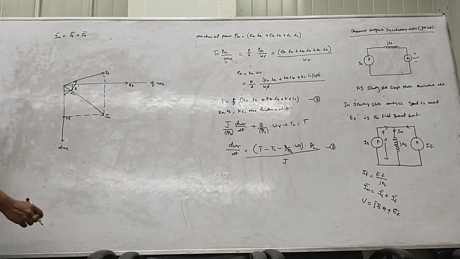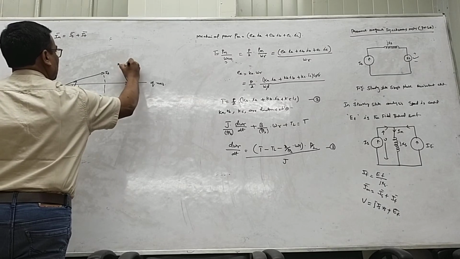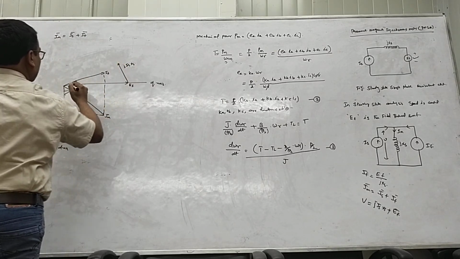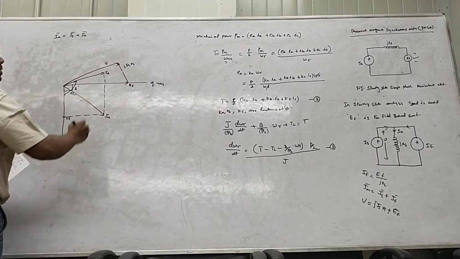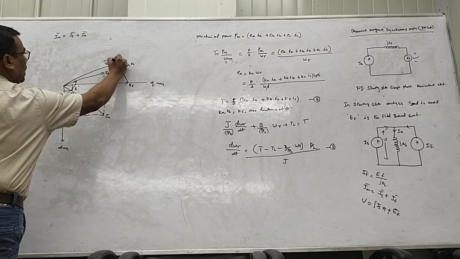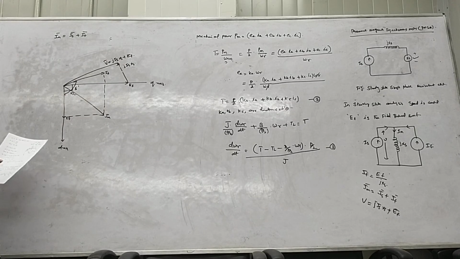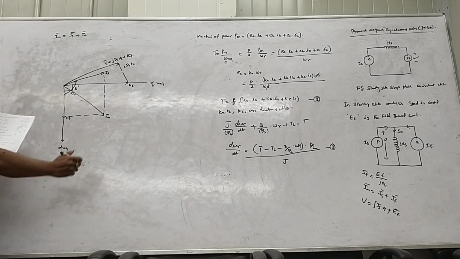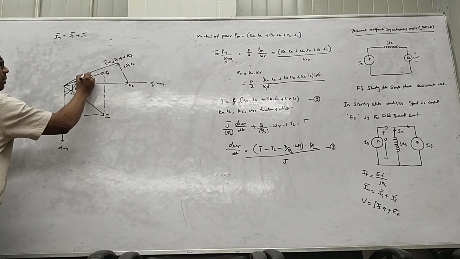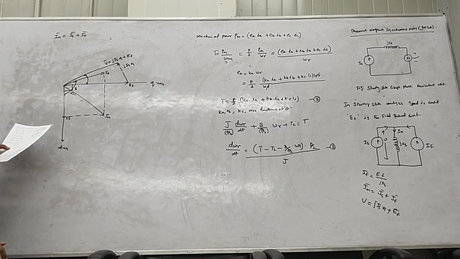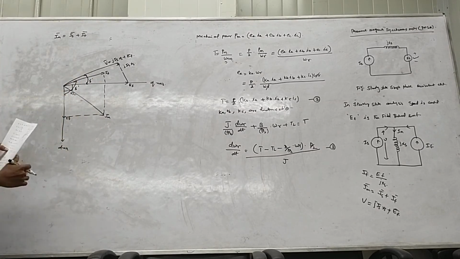If you consider the drop, it is j into IS into XS, and the phasor sum gives your voltage V. So V is equal to j into IS into XS plus the field induced EMF EF. The angle between EF and V is called delta.